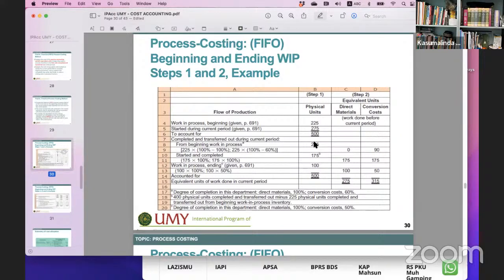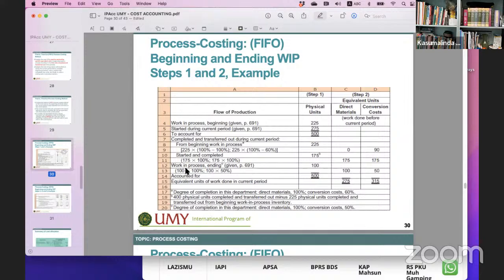So what started and completed during the period is 175. Sorry, what started during the period is 275. The balance of 100 becomes the work in process, where we start the work during March.